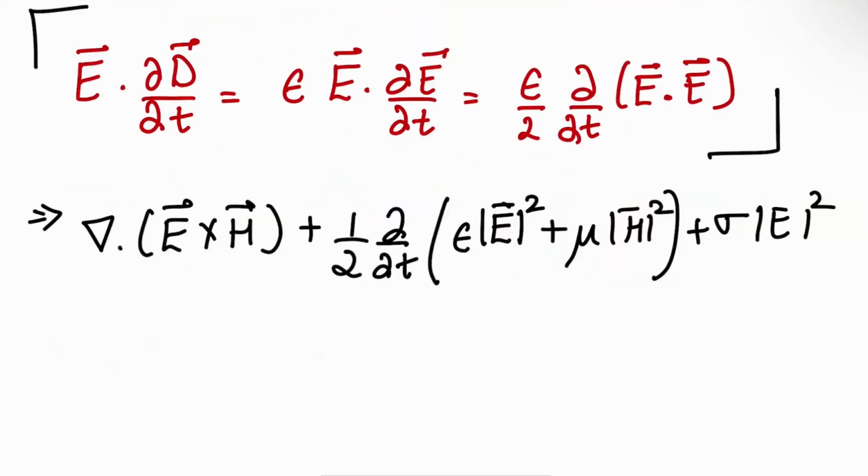Of course, these all have vectors on them. This is equal to minus J dot E minus Jm dot H.